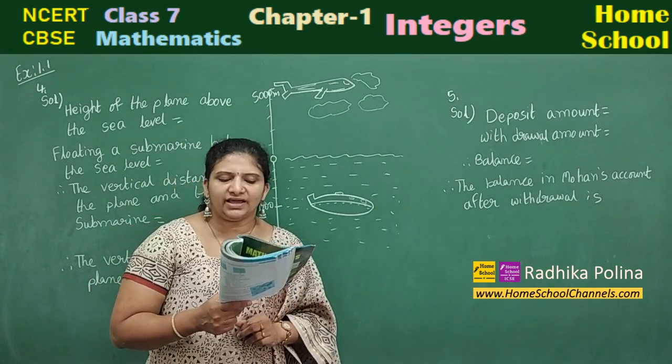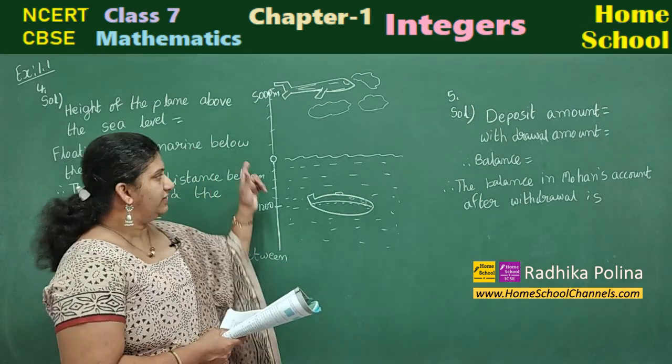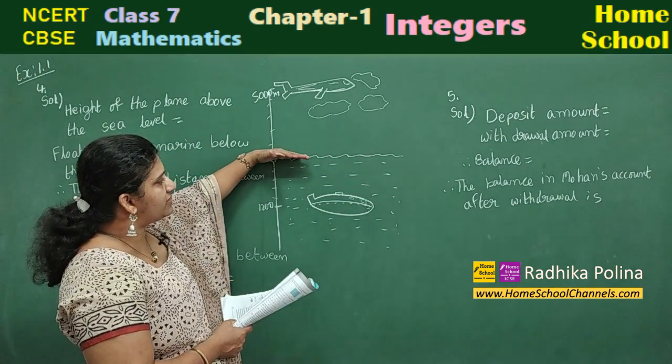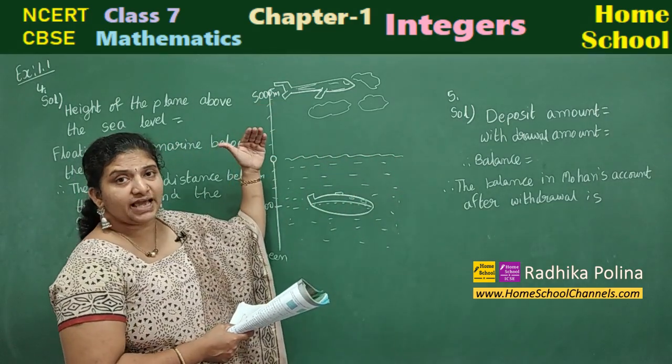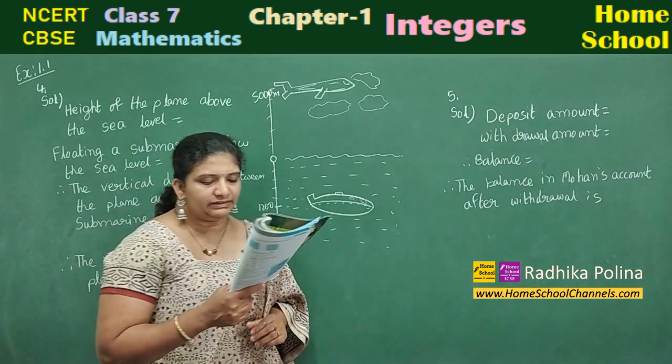Let me read the question again. A plane is flying at a height of 5,000 meters above the sea level. See, this is the sea level. So, above the sea level, how many meters above is the plane flying? 5,000 meters.